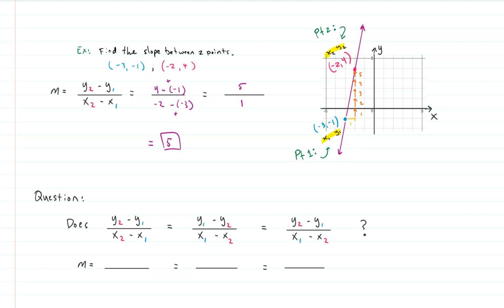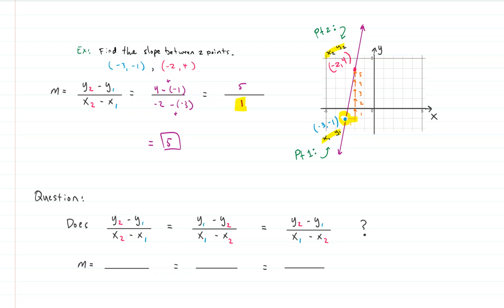5 is a positive number. We can see that if we looked at the graph, because starting from the blue point, if we were to get to the red point and say we were driving there, we'd go right 1 unit. That's the change in the x, which you see in the denominator.